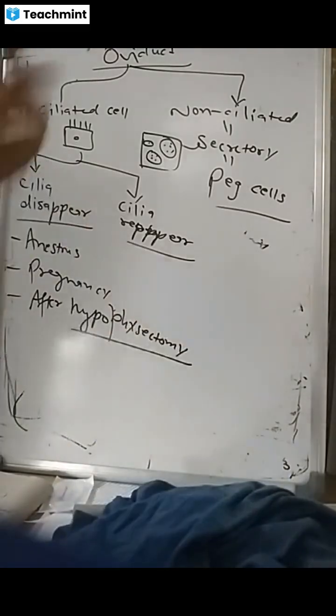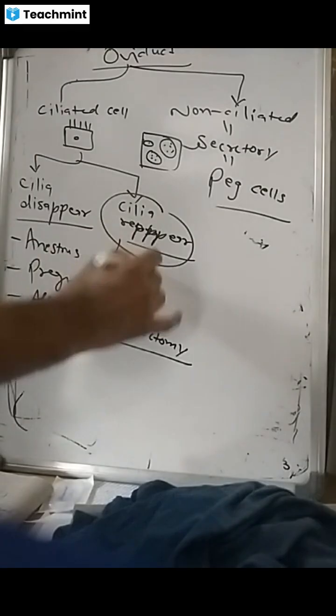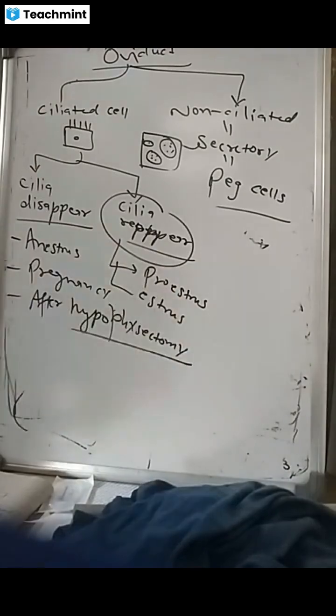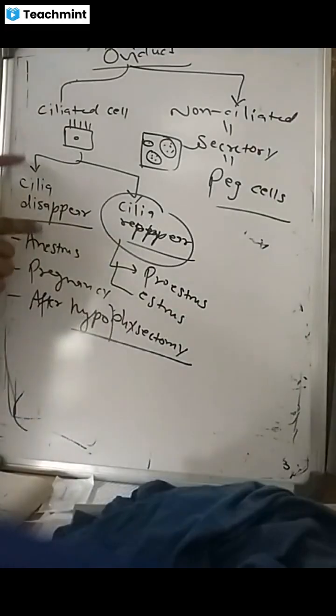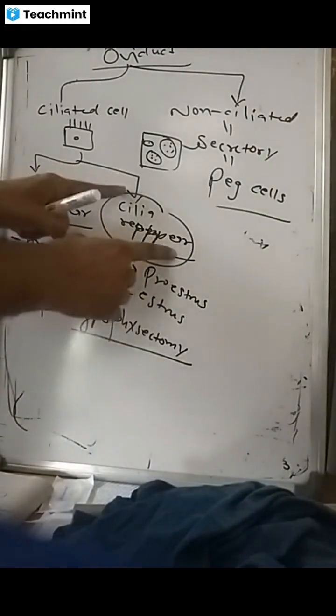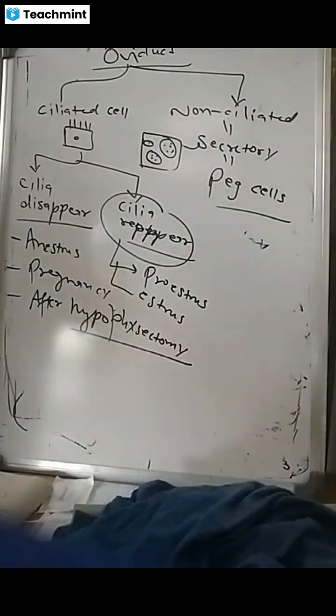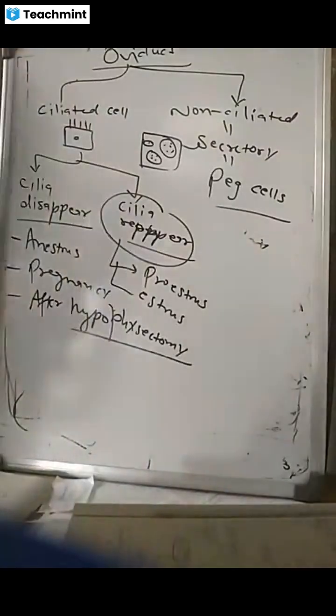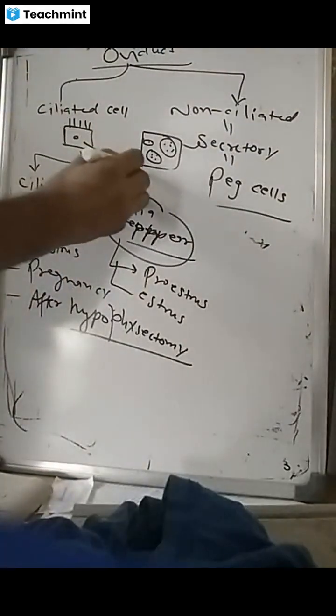These cilia disappear. When they reappear, there is estrus. During these two phases there is no cilia. This ciliation, we can say, is under hormonal control by the hormones.